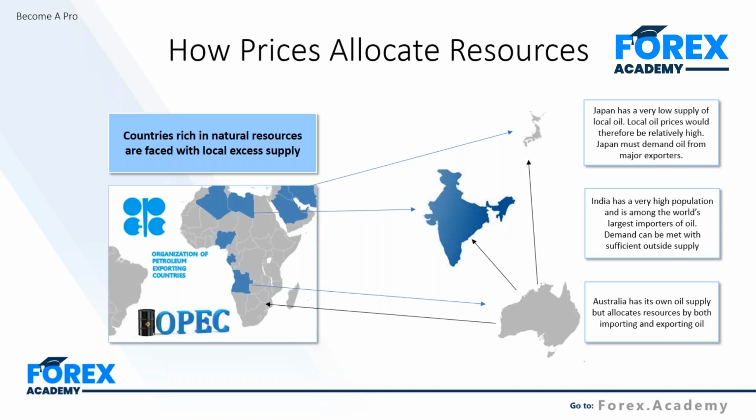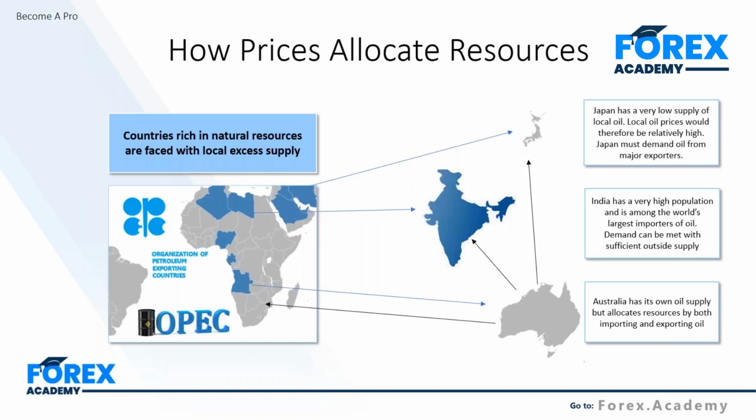And Japan must demand oil from major exporters. So on their balance sheet, they are very large importers of oil. Their supply and demand function is heavily orientated on the demand side, but that's okay. They offer other goods and services that create value to the world, and run a more diversified economy.